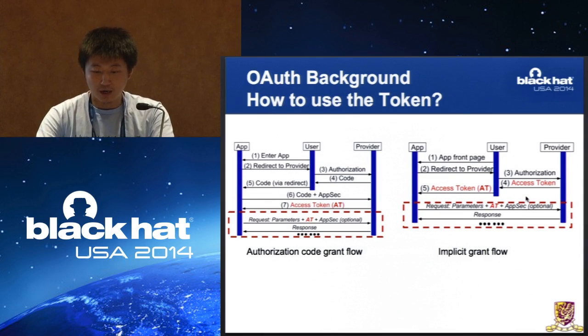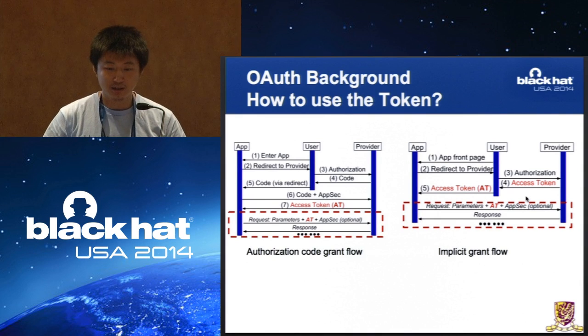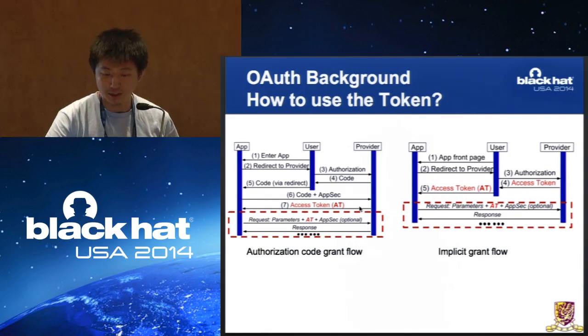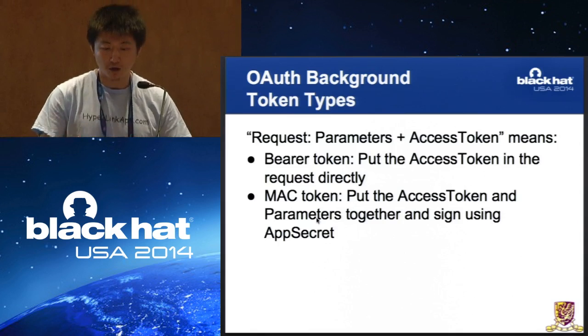Okay, so regardless of which flow you use, at the end of the OAuth flow, you will get an access token. And here is the question, how to use the access token, right? Here we only denote by parameters plus access token, but this plus sign means something else. So basically, there are two types of token.